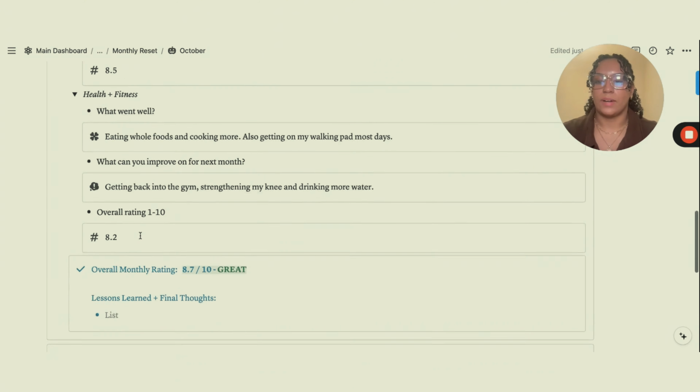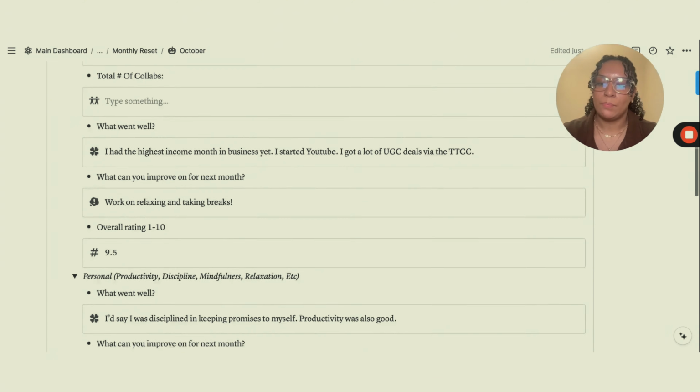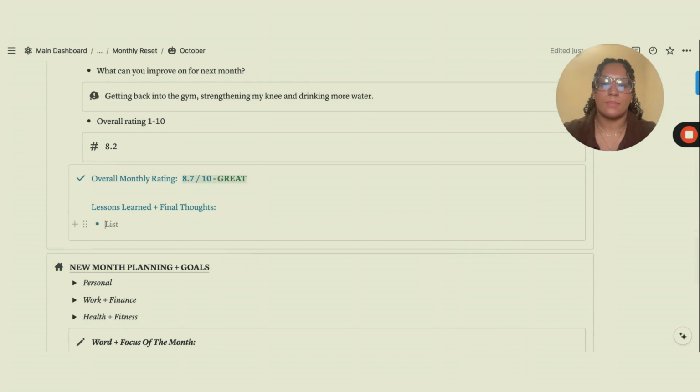Beautiful. Lessons learned and final thoughts. I would say my biggest lesson from this month is it's great to be busy and productive, but it is so important to remember that without relaxation and taking moments for yourself, you can quickly burn out, and that productivity and discipline can go right out the window.